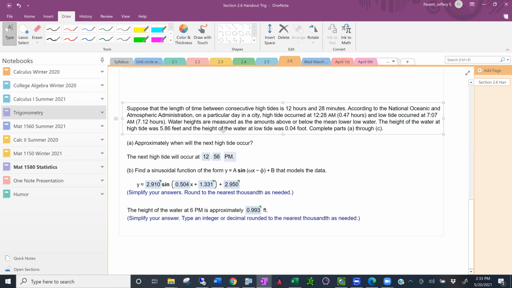One would be to figure out 12 hours and 28 minutes from when the last high tide occurred. That's probably the easiest way to do it. You could also figure out the height of the water at 6 p.m. by plugging in the x that corresponds to 6. Make sure your calculator is in radian mode, and you'll pop out with 0.993.